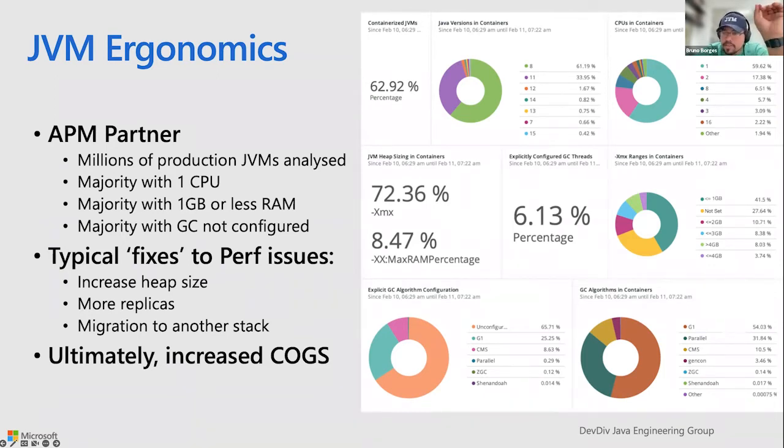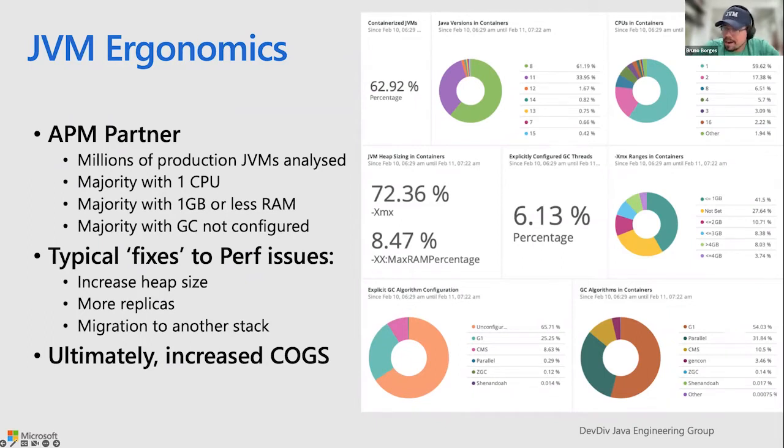And of those inside containers, the majority are actually using only 1 CPU and are using Java 8 at that time. This dashboard is from data from 2 years ago.